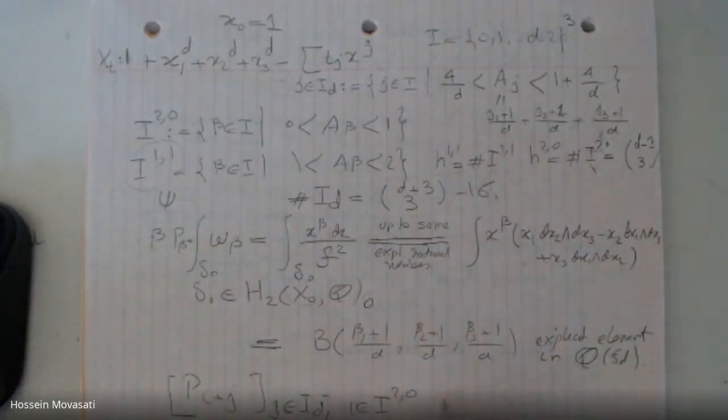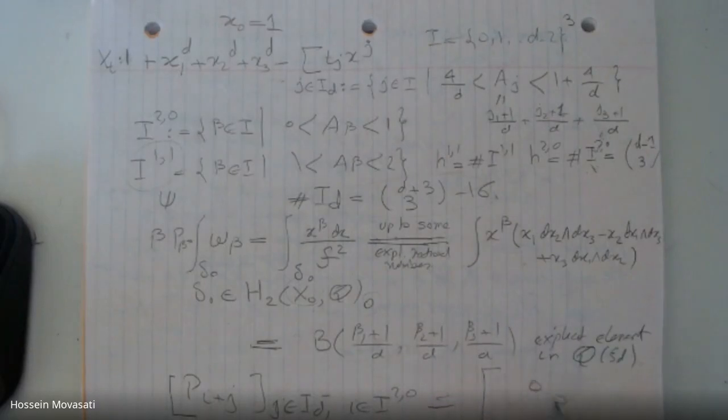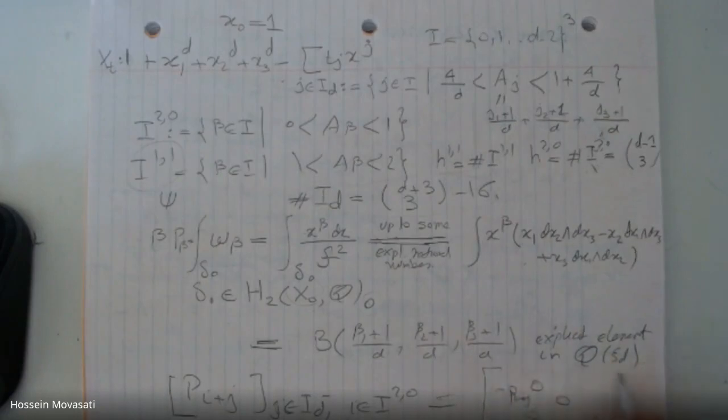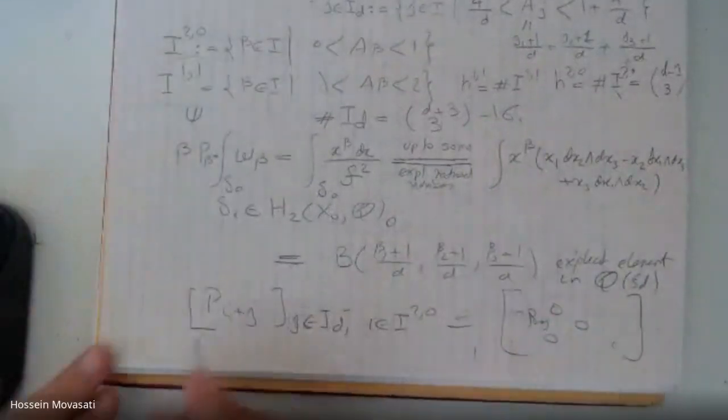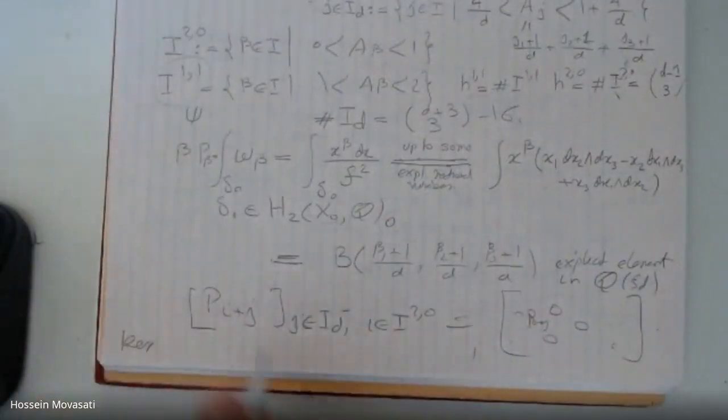So this was a matrix with a lot of zeros and a lot of these numbers in its entries, pi plus g. Anyway, we saw that the kernel of this matrix.